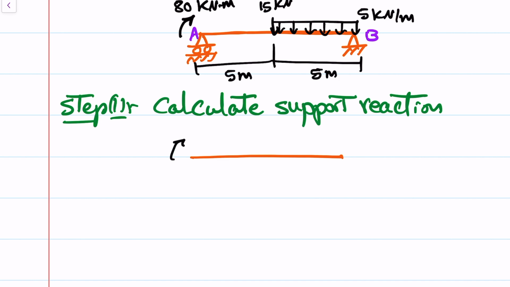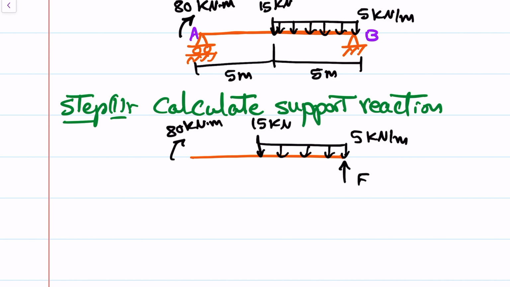We have moment here 80 kilonewton meter, 15 kilonewton, Fy at B, Fy at A, Fx at A.